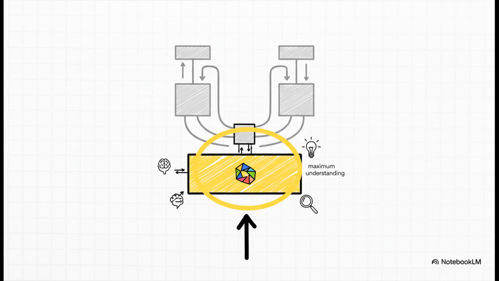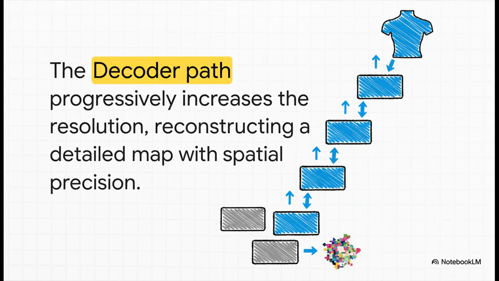This is the moment of maximum understanding, where the model has sort of figured out the overall vibe and context of the entire image. Okay, so from that point of maximum understanding, we start the climb back up the right side of the U. This is the decoder path, and it does the exact opposite of the encoder. It starts making the image bigger again, adding back the resolution, layer by layer, to build that super detailed map of where everything is located.